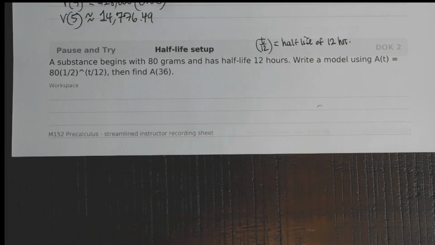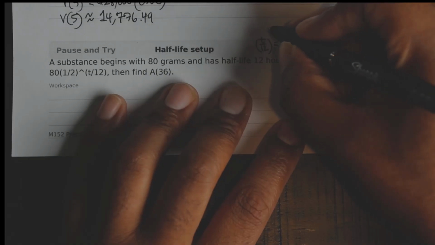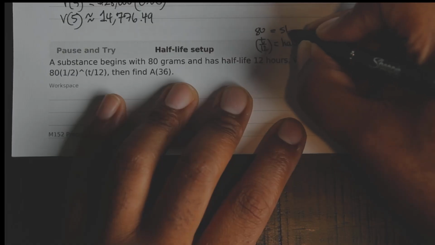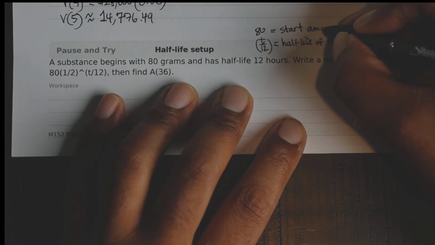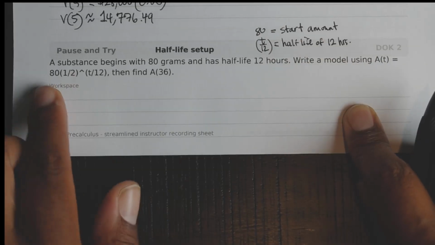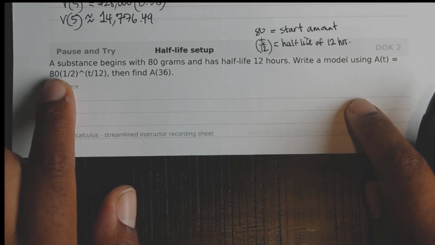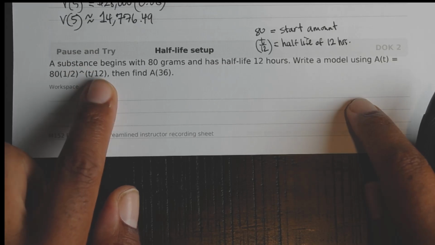Okay? That's important. And then the 80 in this case is the start amount. Okay? So we would say it's already in its proper form here because this is A sub 0, then multiplied by a half raised to this.